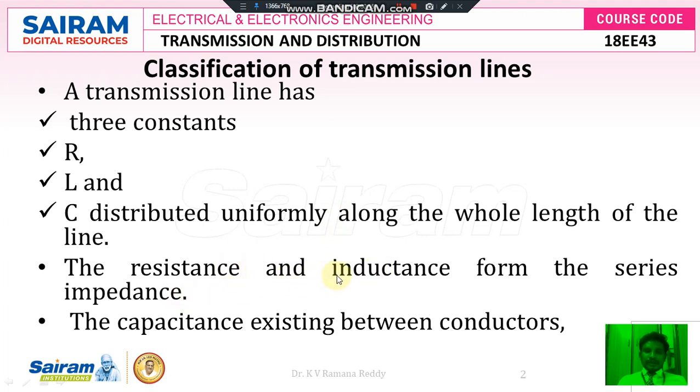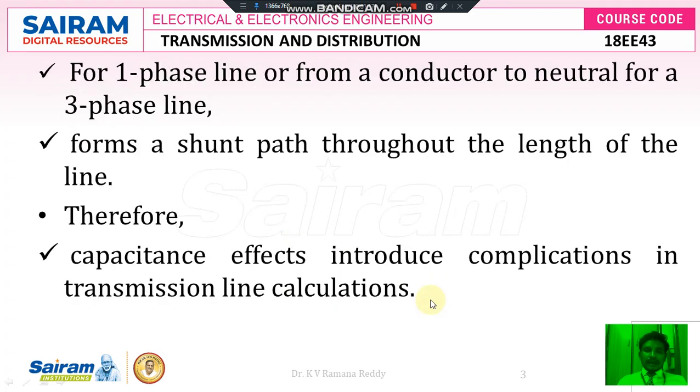If we take the line inductance and line capacitance into account, then we can take the line impedance also, where line impedance is nothing but the sum of resistance, inductive reactance and capacitive reactance. Also there is the capacitance which exists between the conductors, either line to line or line to neutral.